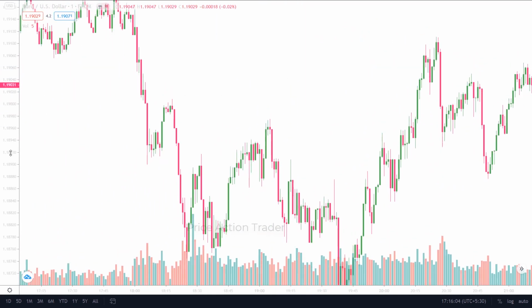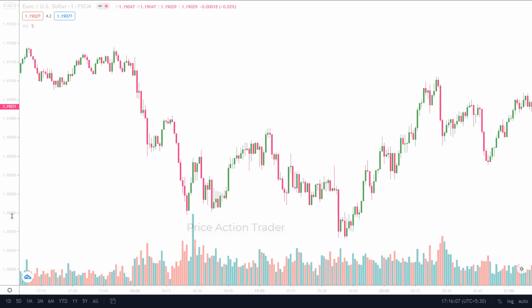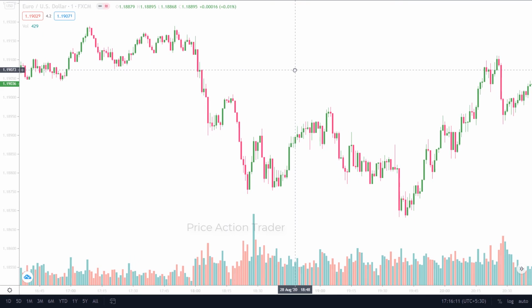So let's minimize this. When you are seeing volume, there is also a different kind of scenario that you have to look out for. So an exhaustion candle with volume has two meanings. One, where you would see a volume spike, and the candle could be small or big, but you would see a volume spike.